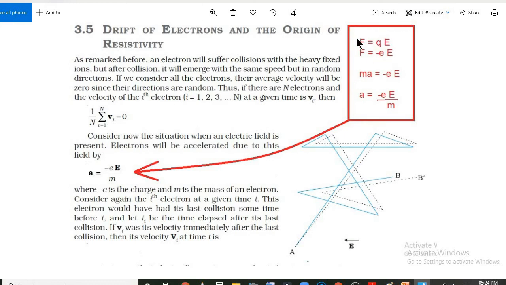And if there is an electric field, there is a force, and if there is a force, there is an acceleration. There will be an electromotive force acting on each of the electrons. So definitely there should be some acceleration. What is acceleration?